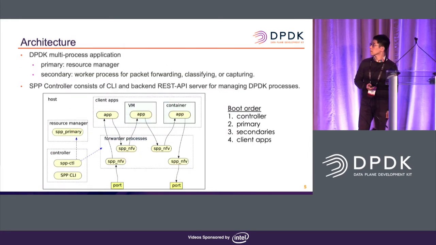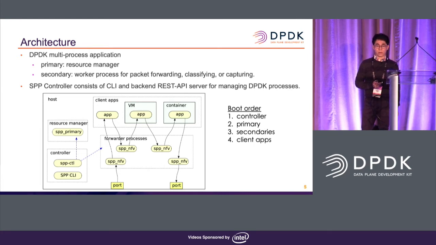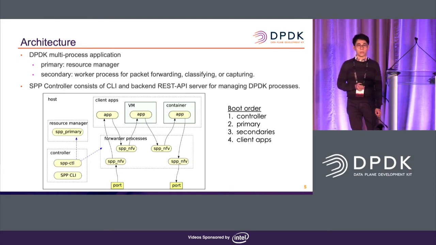Here is an overview of our SPP architecture. SPP is implemented as a DPDK multi-process application. It means it consists of a primary process and several worker secondary processes. Primary is the resource manager, and secondary is the worker process. We have several types of worker process in SPP.